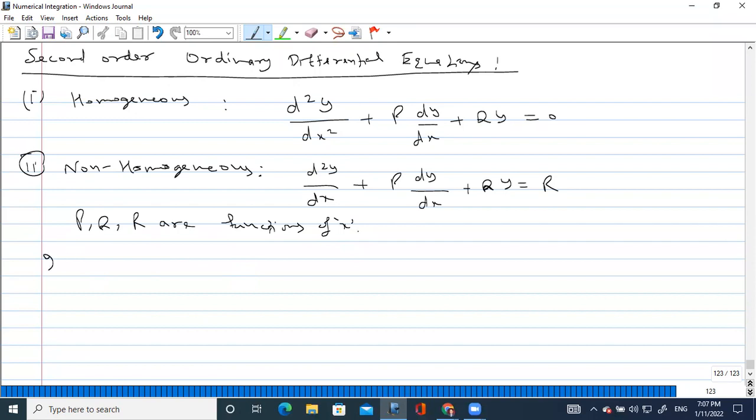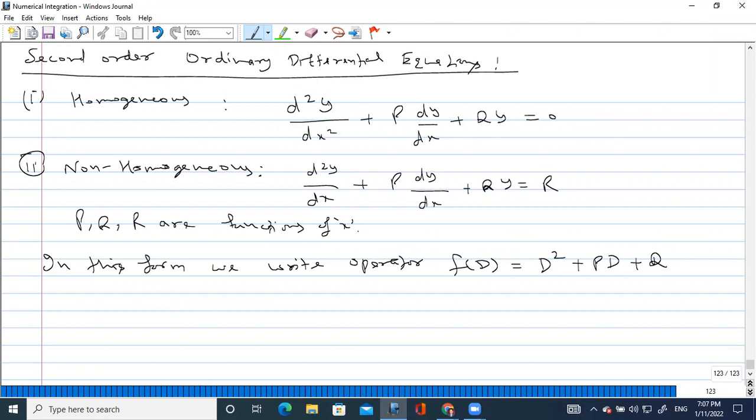Now, in this form we can write an operator f(D) is equal to D square plus pD plus q. Okay, this operator I will take out.